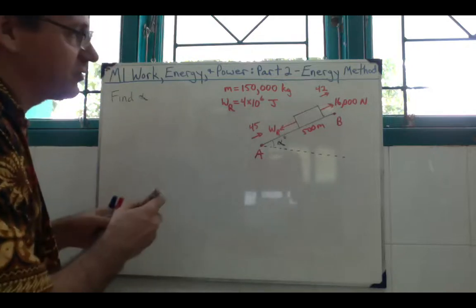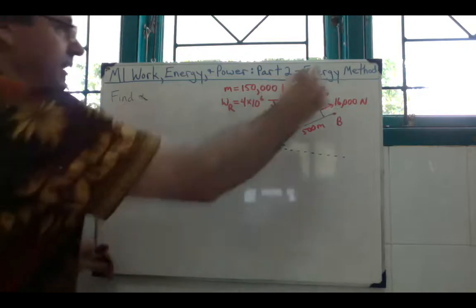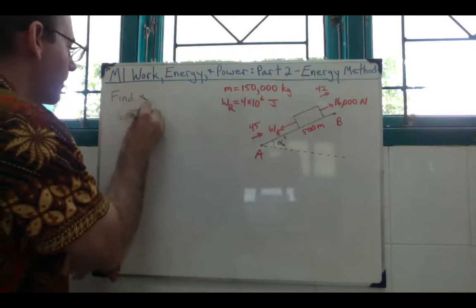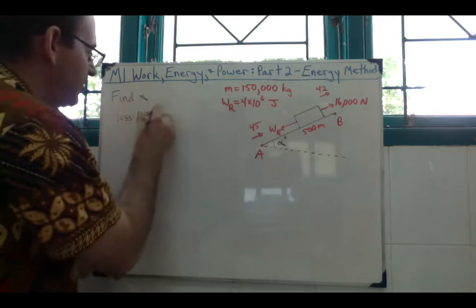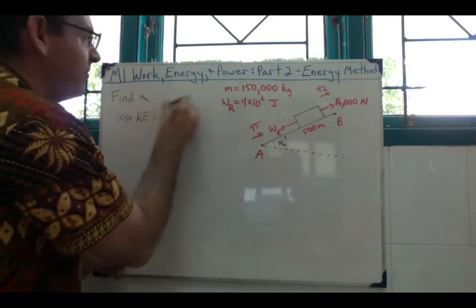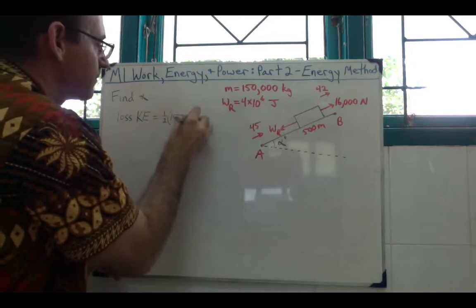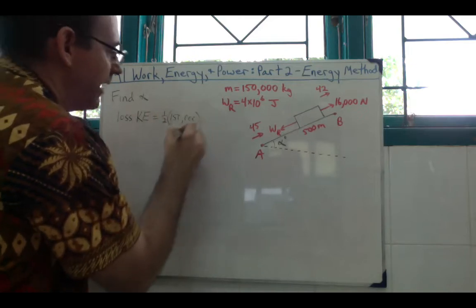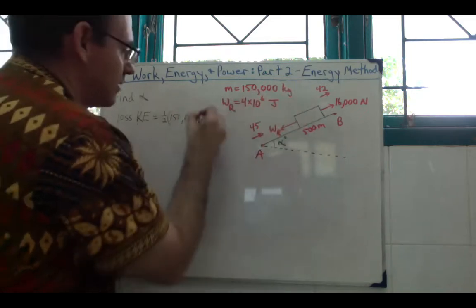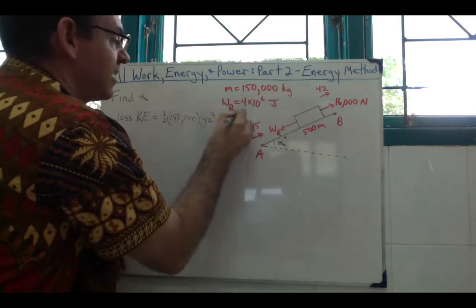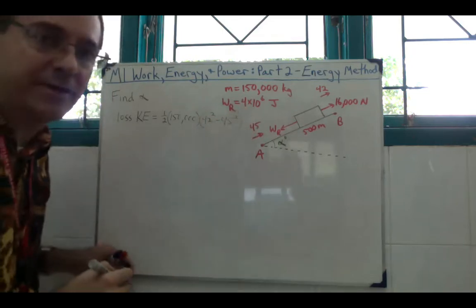So let's first look at kinetic energy. We have a loss in kinetic energy. Our loss in kinetic energy equals 1/2 our mass, 150,000, times our final velocity squared minus the initial velocity squared.